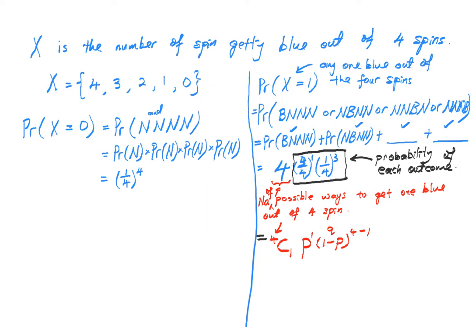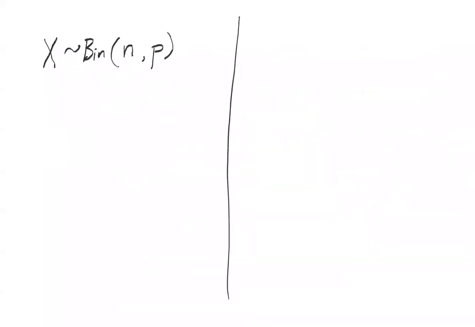Now, so I'm going to put hand in hand. So generally, every time I do a binomial distribution, first of all, I will say X is the variable that I'm talking about, it is a binomial distribution. I will list down the number of trials and the probability of success. So in our case, what is X in our case? The number of blues out of 4 spins, correct? So we have n equal to 4.